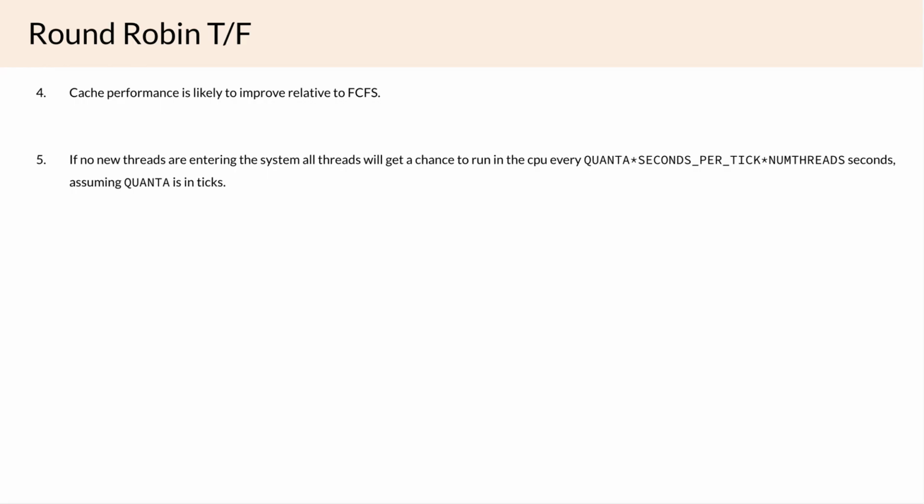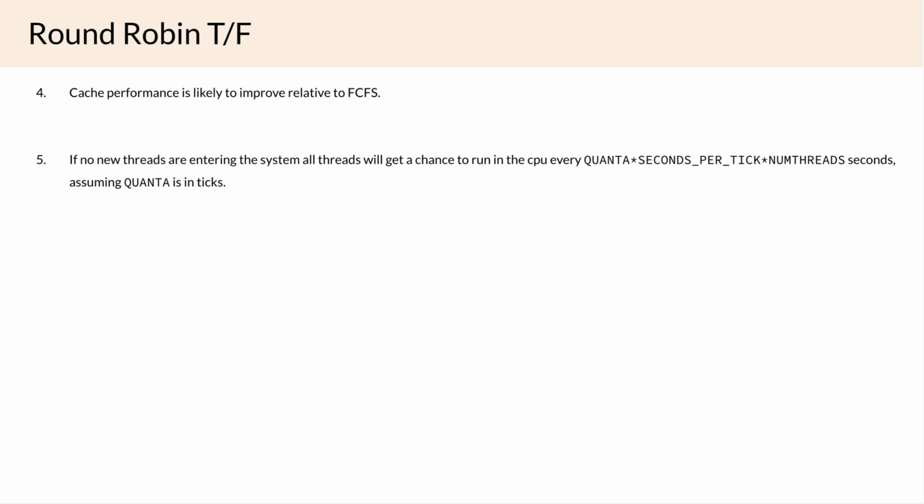If we keep switching between the programs, whatever data that we want to cache is going to keep changing. And so if we just keep switching between programs again and again, the memory that we had cached that was relevant for one program is going to potentially get overwritten by what we want to store for another program. And so our cache is not going to be as helpful for us when we're constantly switching threads in round robin.